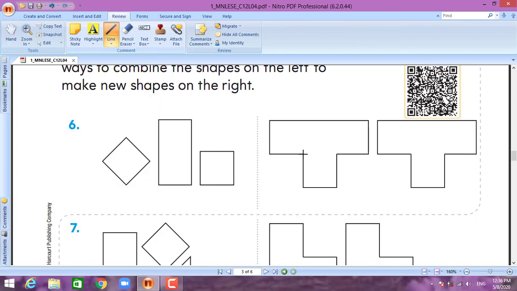Okay. If I put the first line like this, and the second one, I will put it like this. So I combined two squares and one rectangle.